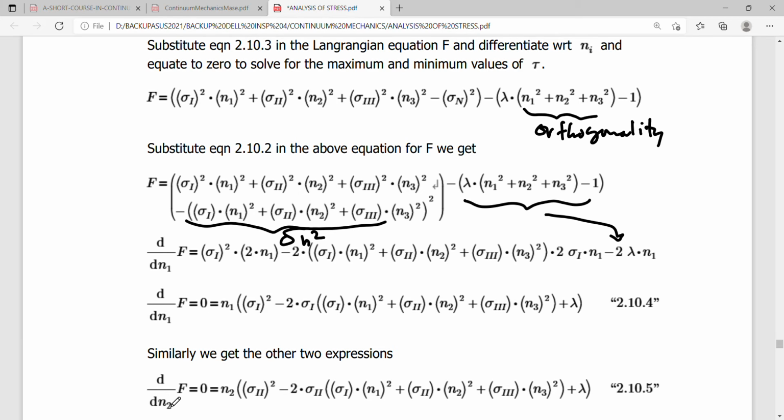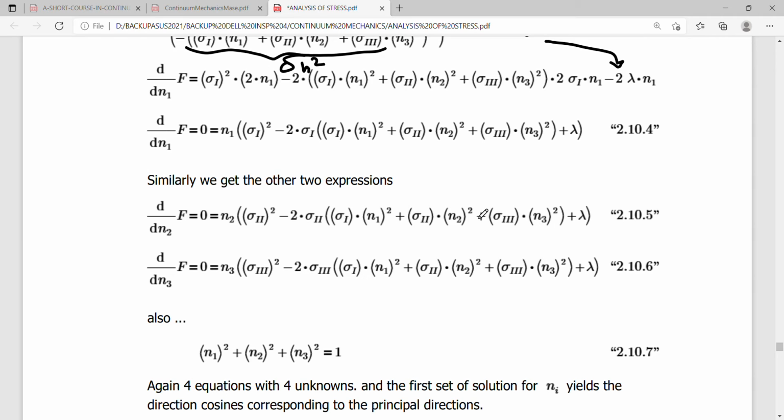So for the other derivatives, the procedure is just the same. So similar procedure will yield a very similar pattern, upon which N1 simply becomes N2 and N3 there.